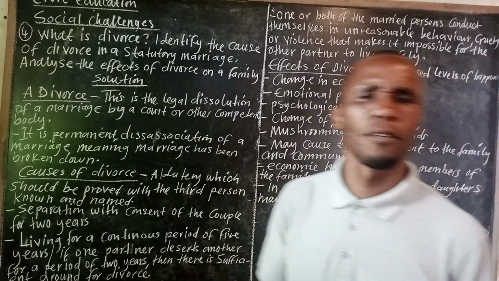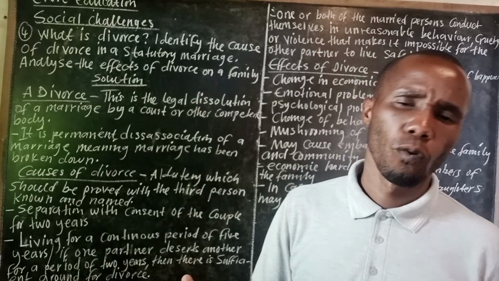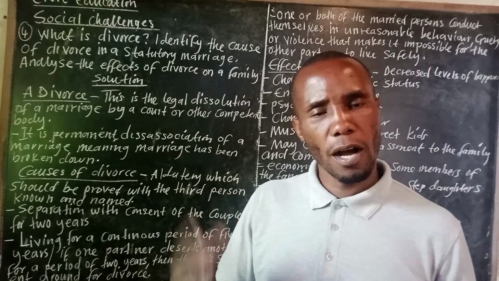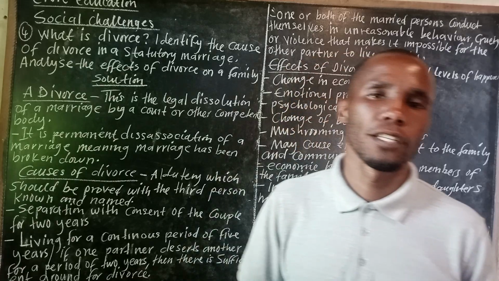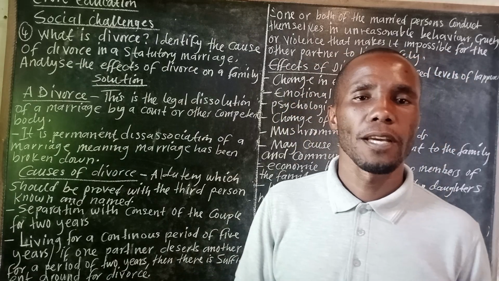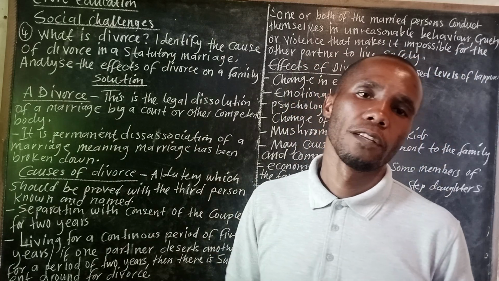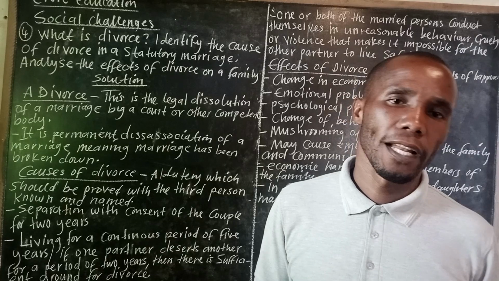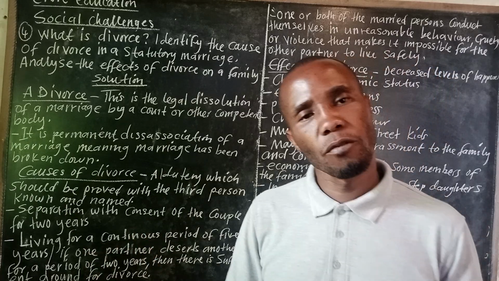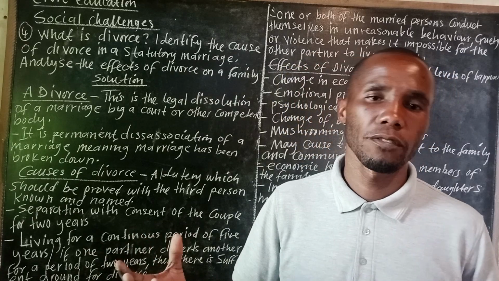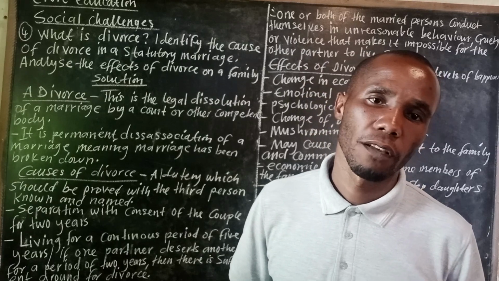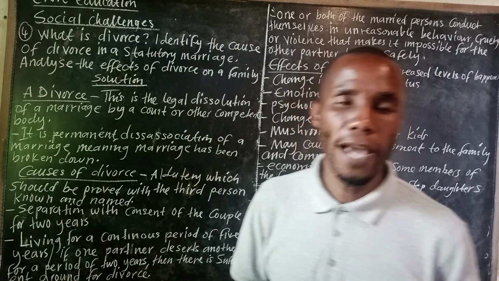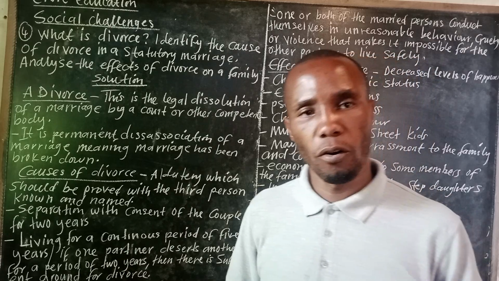Mushrooming means the number of street kids will rapidly go up because of divorce. Those children who have been left cannot be handled by one person, so they will go into the street, and as a result, there will be a mushrooming of street kids in the country. That's why we should avoid divorce at all cost.